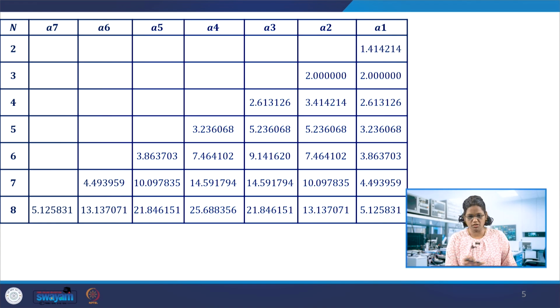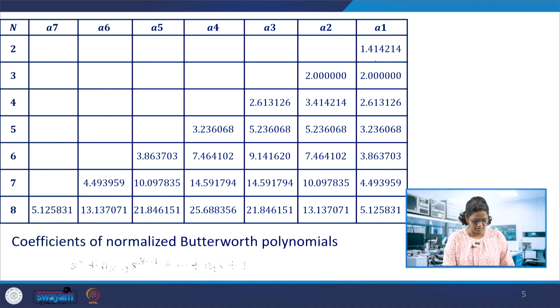The denominator polynomial of this Butterworth filter would result for order 2, 3, 4, 5, 6, 7, 8, and so on, so that you get the expression of these normalized coefficients, a n minus 1.